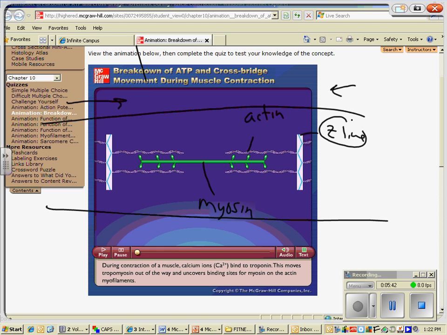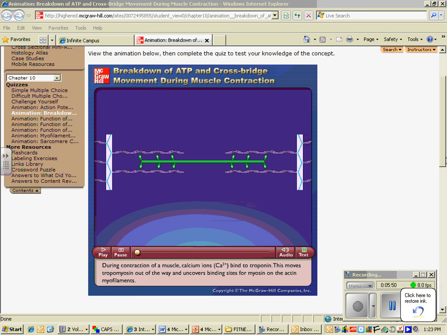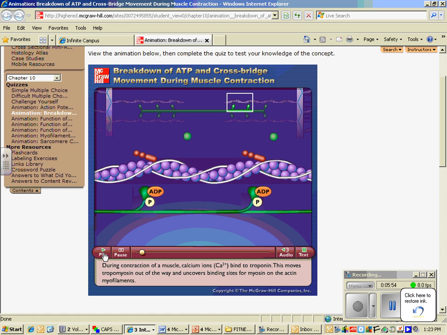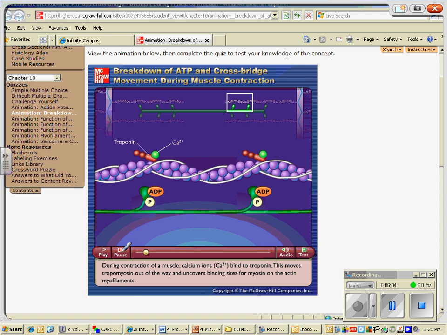So nerve brings a message from the brain to contract. Okay, and that's where we're at. Now I'm going to have to get the ink off the slide and show you the... Okay? Here come the calcium ions in. Pause. Okay? This is myosin. I'm going to draw arrows on this again for the people that are watching this. Okay? This is the myosin.